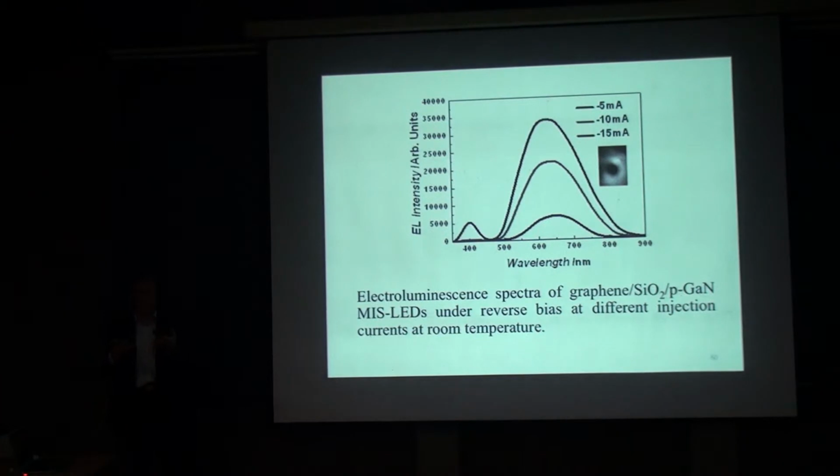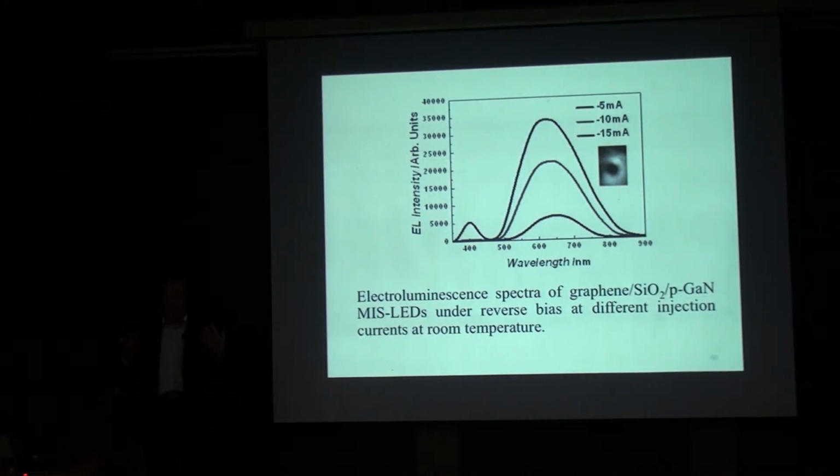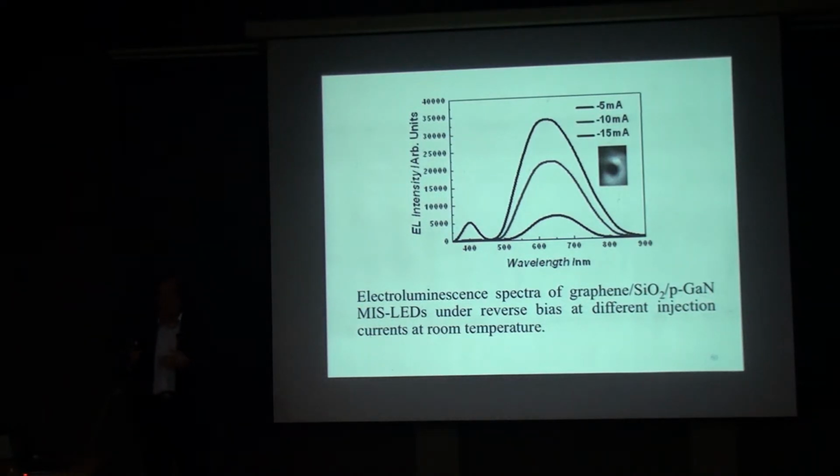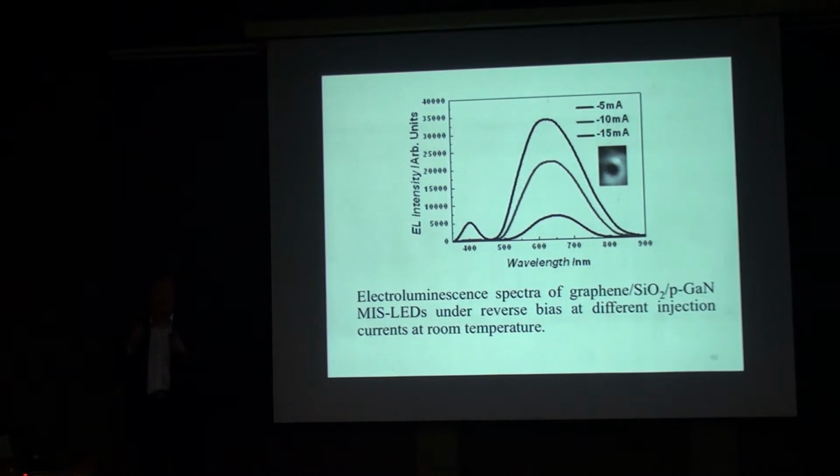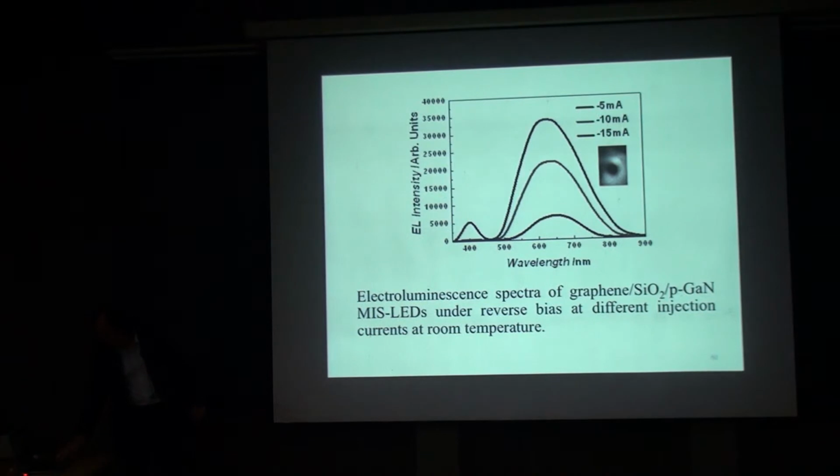So for this device we have a different color depending on whether the bias is positive or negative, which is also very different from the conventional LED device. For the conventional LED device, you can only obtain light intensity under forward bias. For reverse bias, you will get nothing. So that's also very different.